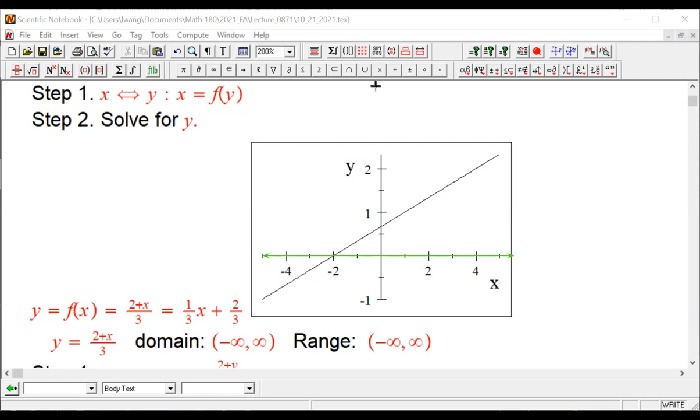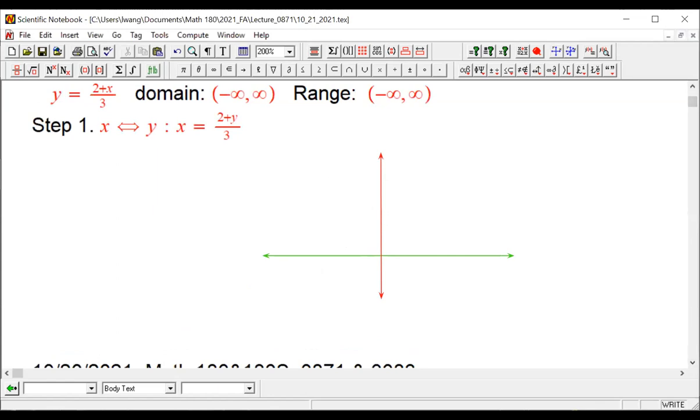Vertically, the range goes indefinitely. So the domain is from negative infinity to positive infinity. So when we swap, it doesn't make much of a difference because domain and range are the same. When you swap, they're still the same, even though there is a swap happening.